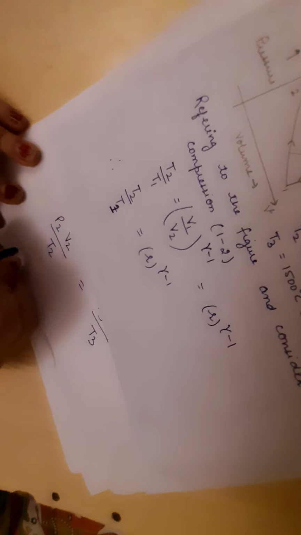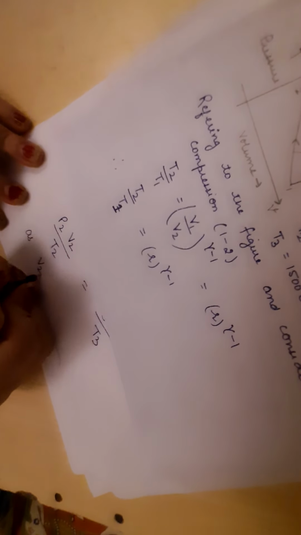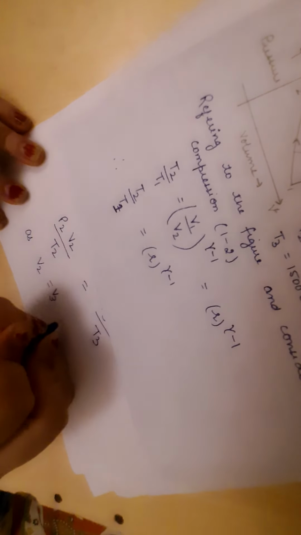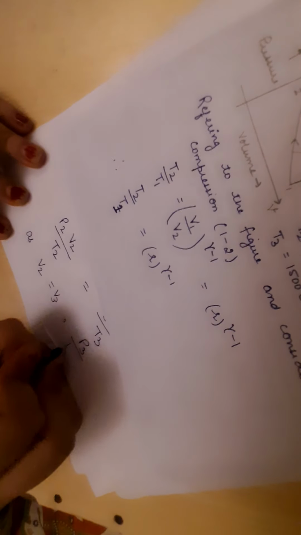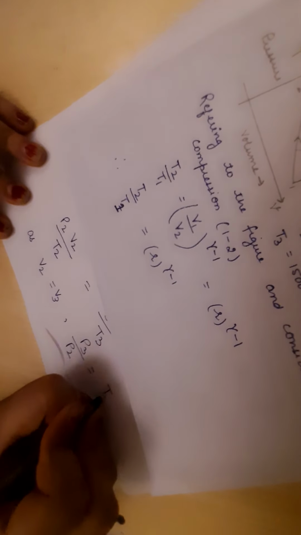So as V2 is equal to V3, therefore P3 upon P2 is equal to T3 upon T2. Okay, therefore P3 will be equal to P2 into T3 upon T2.